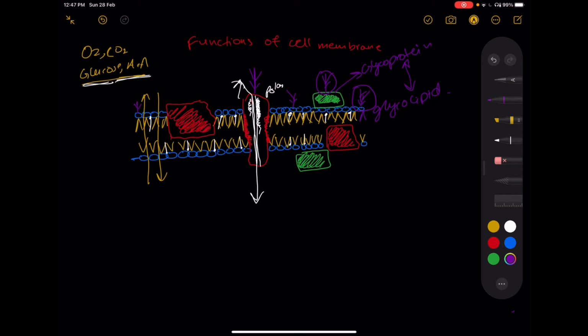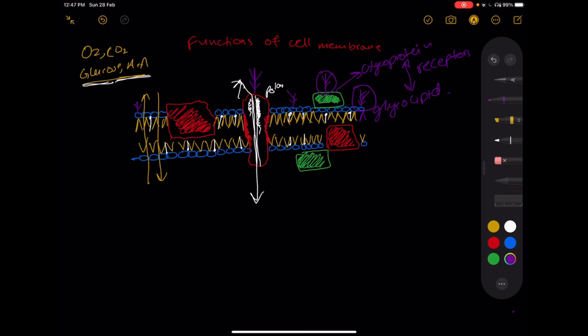So a cell, in order to respond to a certain stimulus, needs to detect a signaling molecule. Receptors detect that signaling molecule.